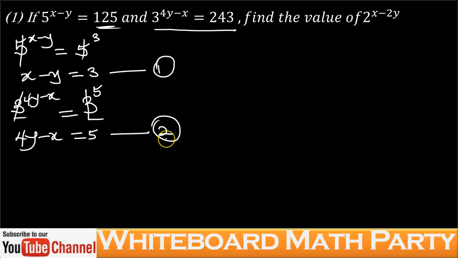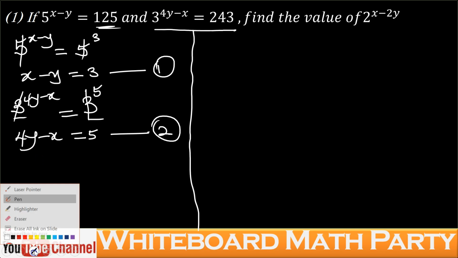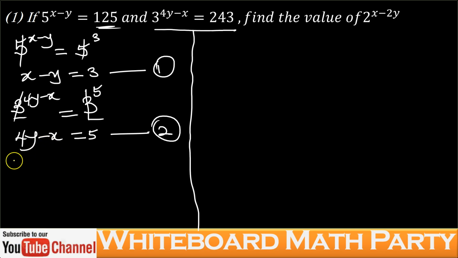Now that we have a simultaneous linear equation in hand, we can solve for the values of x and y using any of the methods of solving simultaneous linear equations. For now, I'm going to use the substitution method. So let's get the party started. From equation 1, you would notice that I can simply say x is exactly the same thing as y plus 3, or 3 plus y, whichever way you choose to write it.